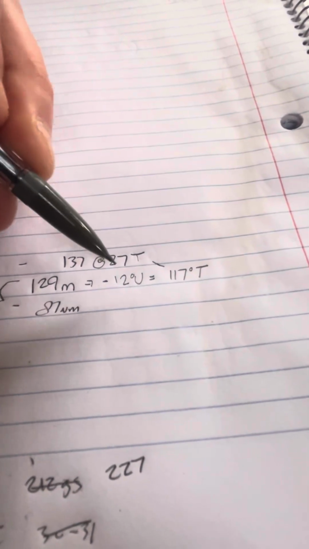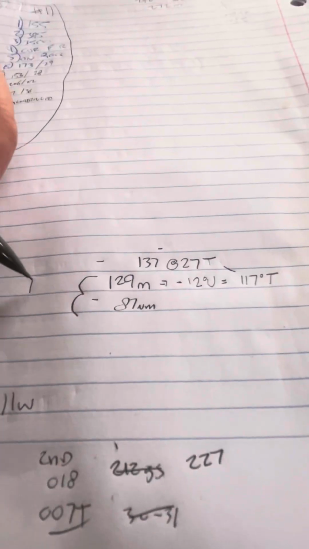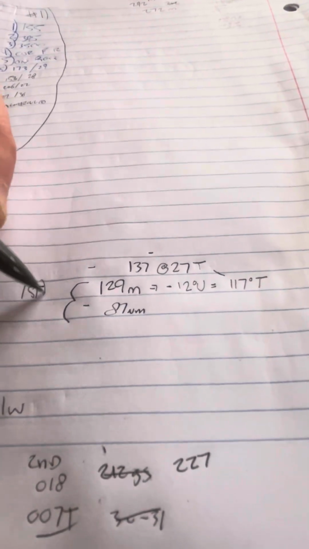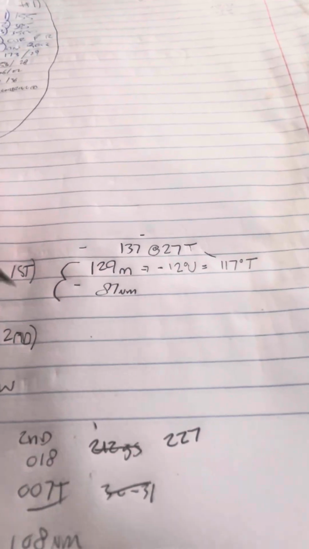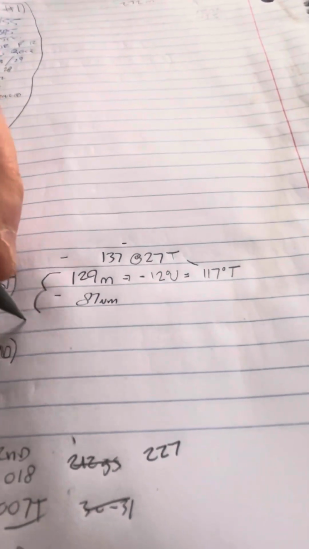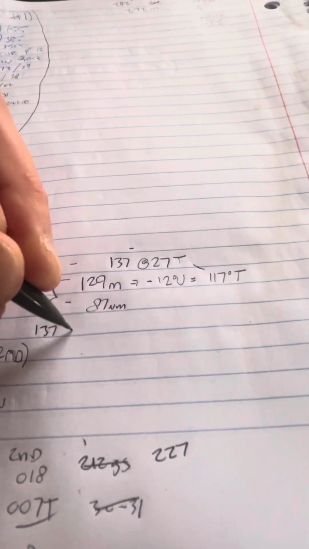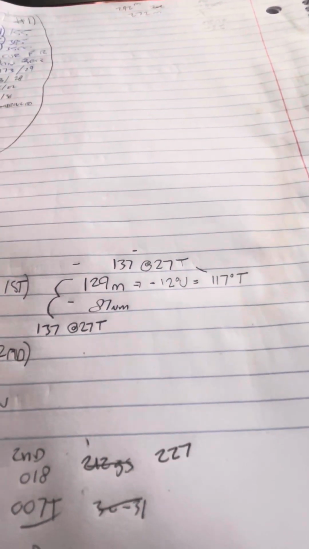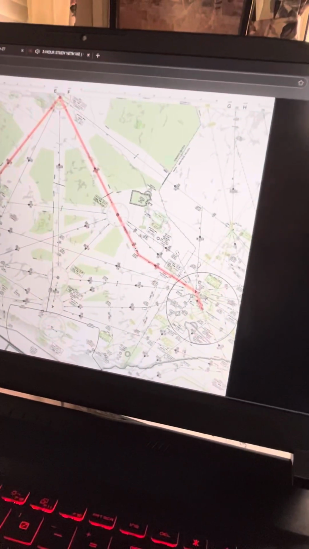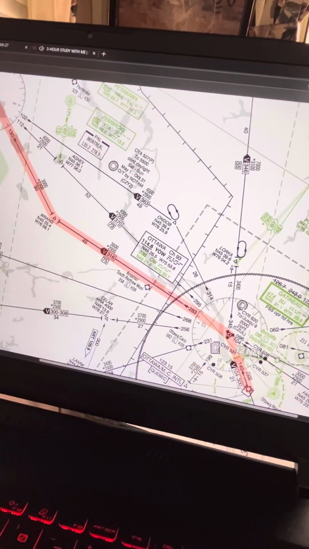So we know the same variation applies to the second leg. So for the second, the winds will be the same, and now find our track. So there's an intersection here.